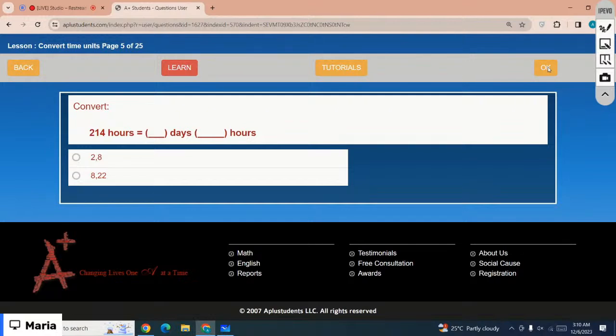You have to divide 214 by 24 to convert it to days and hours. So which is the correct option when you divide it by 24? Very good. That is option number 2. When you divide it by 24, you have 8 days and 22 hours. The correct option is 8 days, 22 hours. Very good.